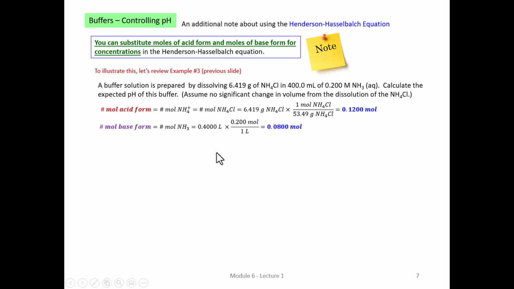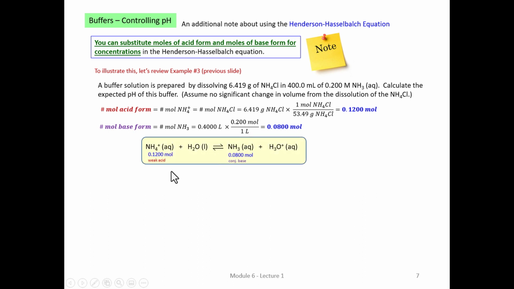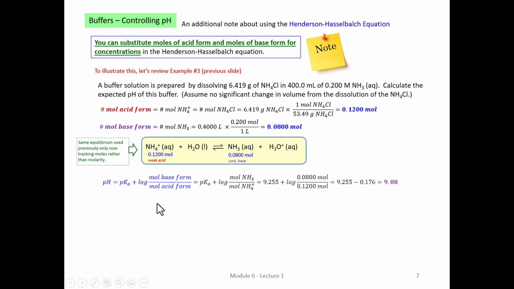And so when we write our equilibrium, instead of molarity underneath the ammonium ion and the ammonia, we have the number of moles of each. And if we use the Henderson-Hasselbalch equation, notice the base form is now in moles instead of molarity, and the acid form is in moles rather than molarity.